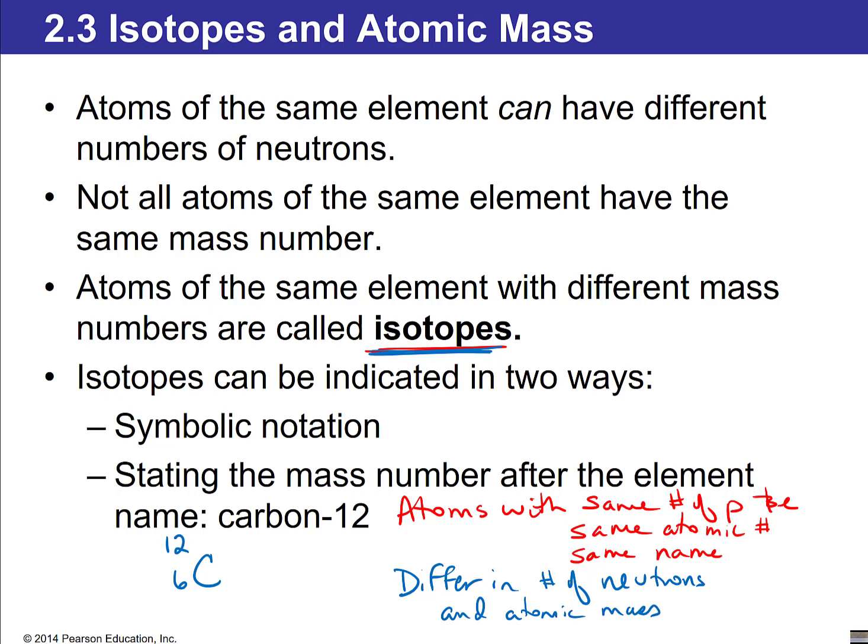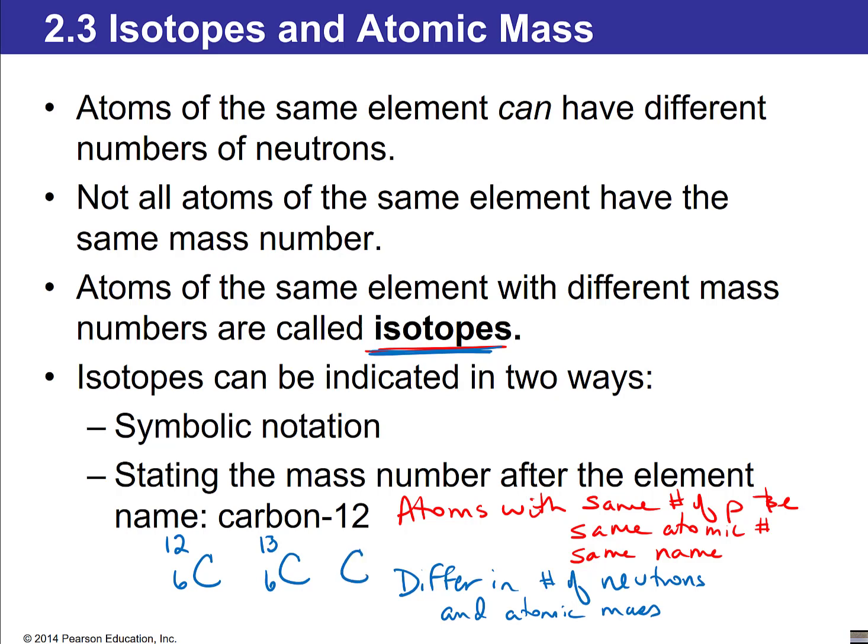This would be carbon with atomic mass of 12, atomic number of 6, 6 protons, 6 electrons, but then it would have 6 neutrons. Just by subtraction, you'd figure out numbers of neutrons. But you can also have this. C13 is going to be carbon because it's got 6 protons and 6 electrons, but it's going to have 7 neutrons. It has 1 more than the typical does.